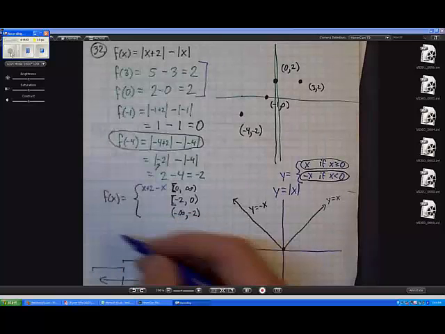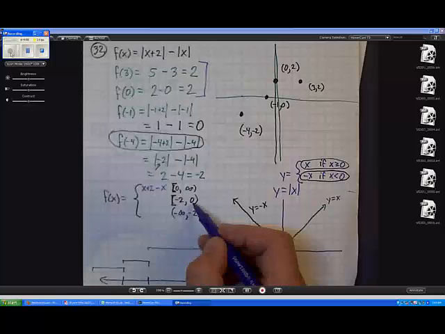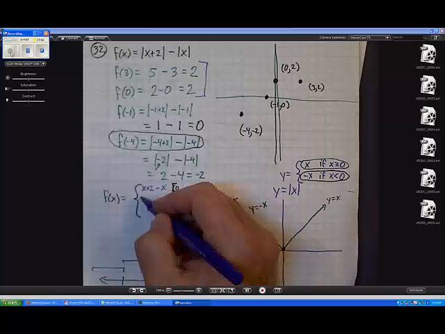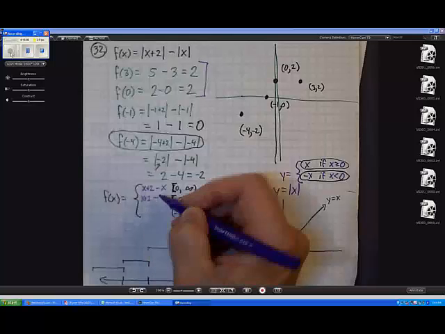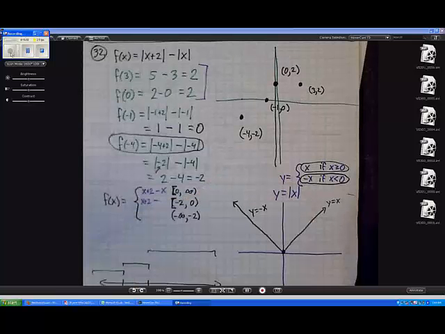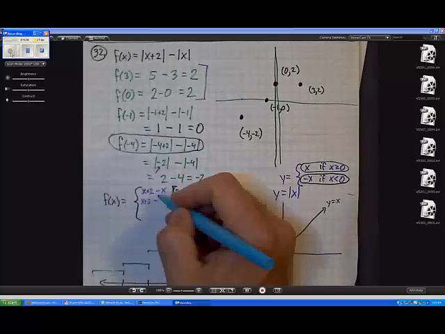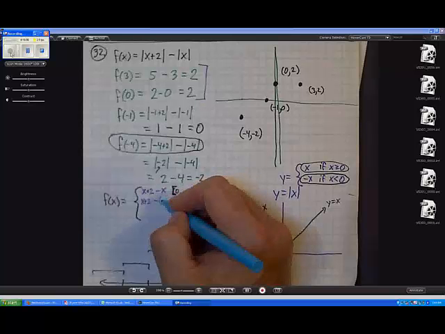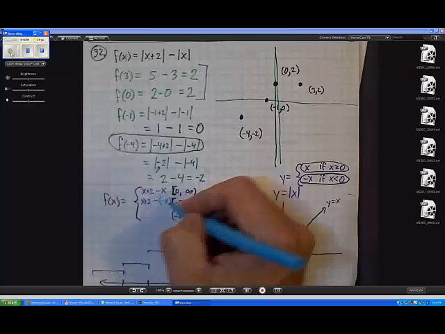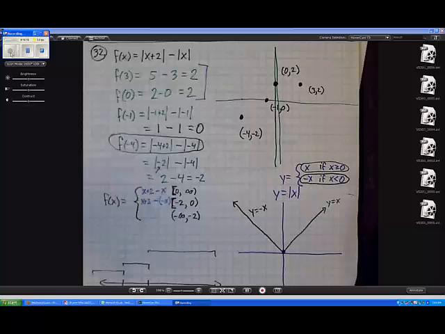When I'm between negative 2 and 0, I'm still going to get x plus 2. But what I'm going to subtract is not x anymore. Now I put in negative x. And I'll simplify what that is in a moment. And then the last piece is even weirder.